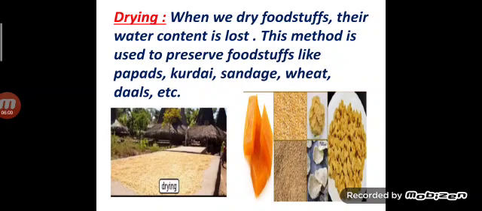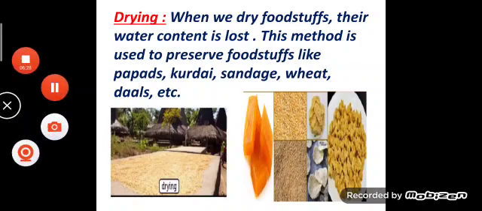These are all foodstuffs made by drying. When they are dried, they lose their water content, and as we know, microorganisms need water for their growth. While drying, the foodstuffs are denied the favorable conditions for the growth of microorganisms, and hence foodstuff can be preserved longer.